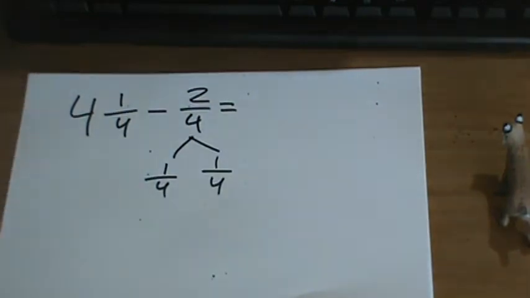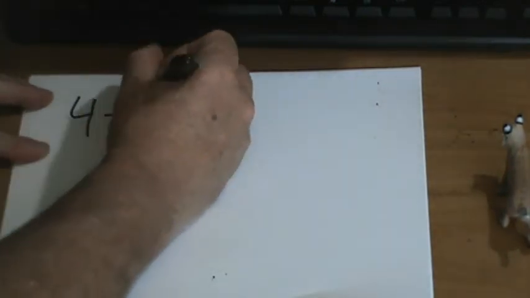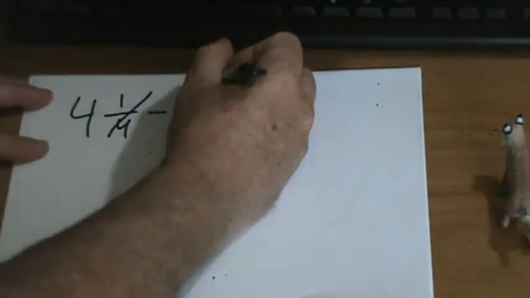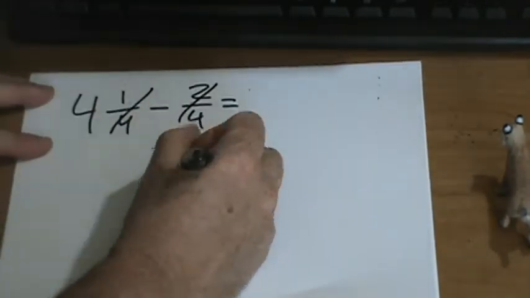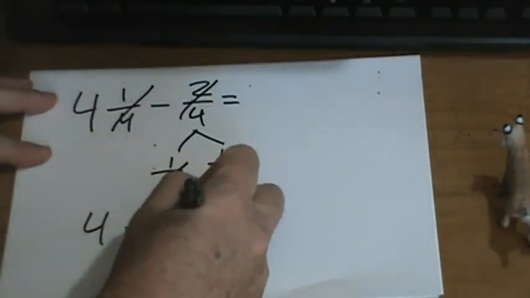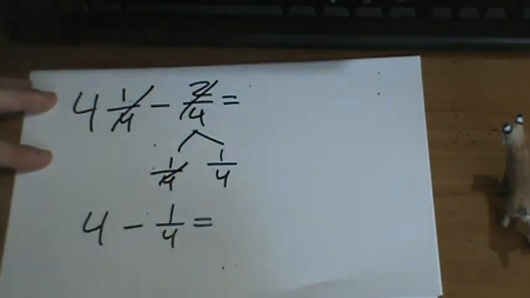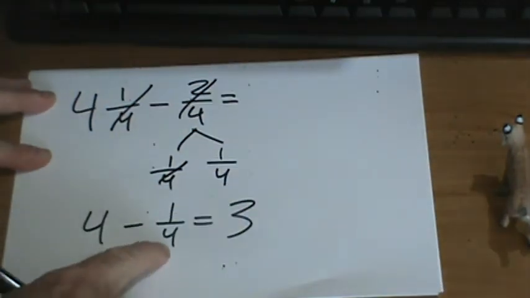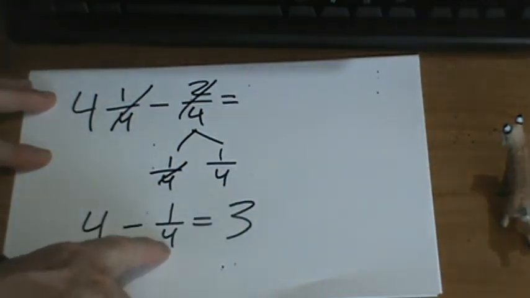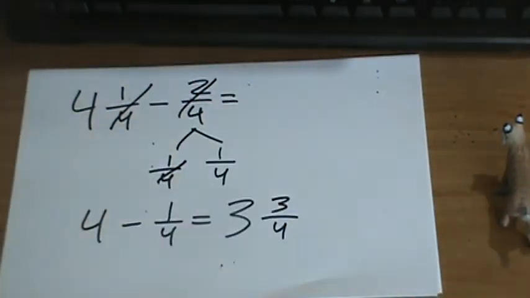Then I can go 4 1/4 minus 1/4, and cross that out. Now it's just 4 minus 1/4. It can't be 4 anymore, it's going to be 3, and then 1 whole minus 1/4 would be 3/4, right? And there's our answer.